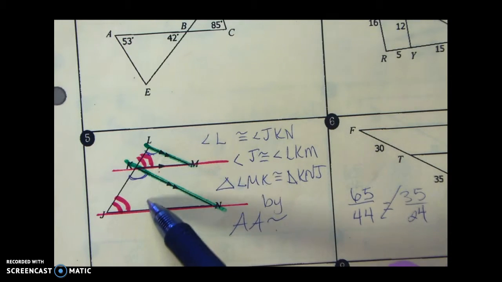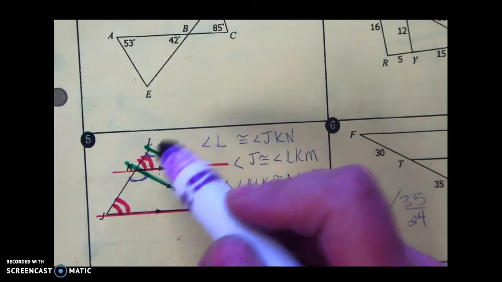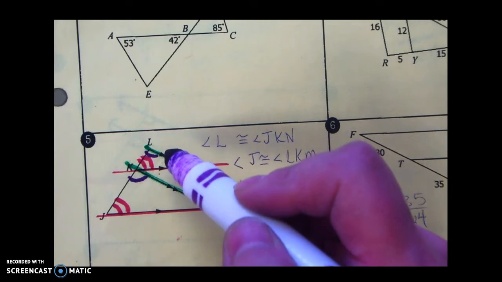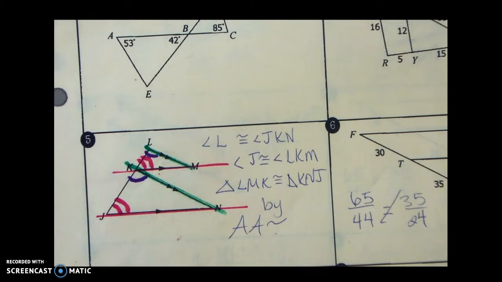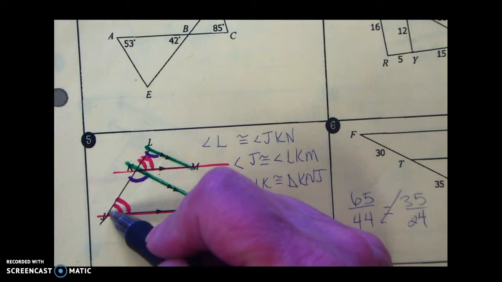If those are parallel, then the corresponding angles, this angle and this angle, are congruent. Here's my transversal.